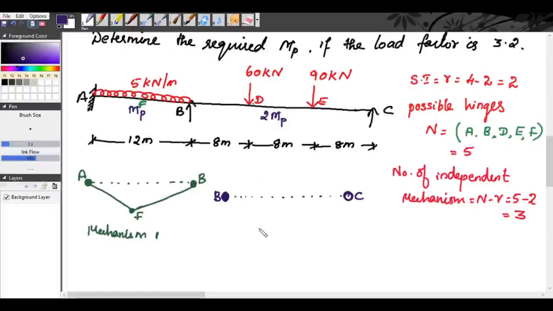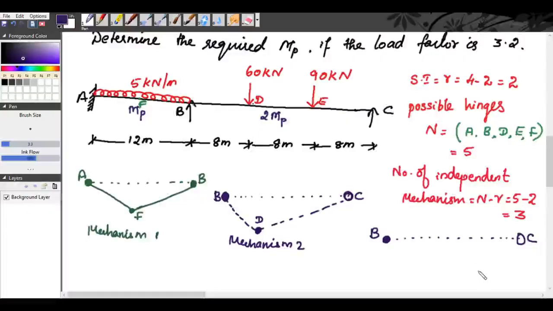Now, forming a hinge at D is mechanism 2. So this is mechanism 2, and mechanism 3 will be again for the span BC, forming a hinge at E. So here hinge at B, at C you have a mechanical hinge, at E you will have a plastic hinge.